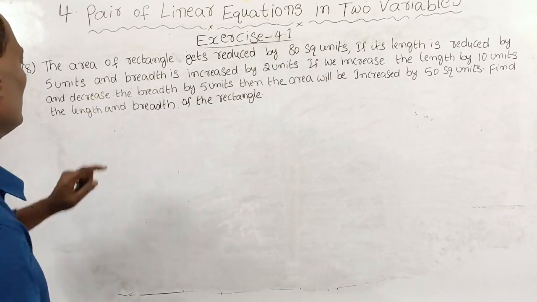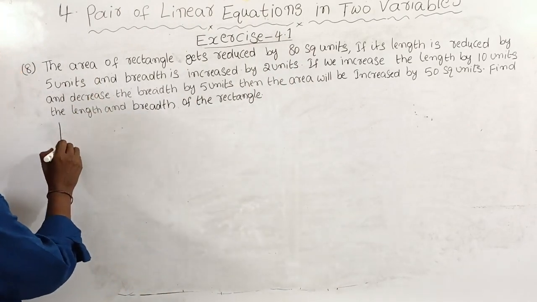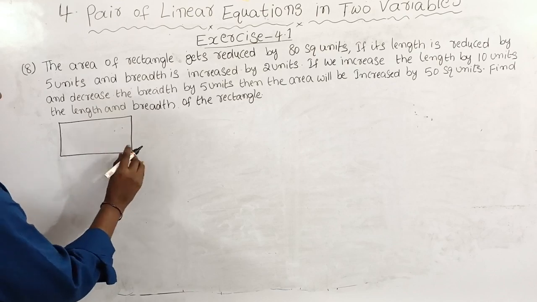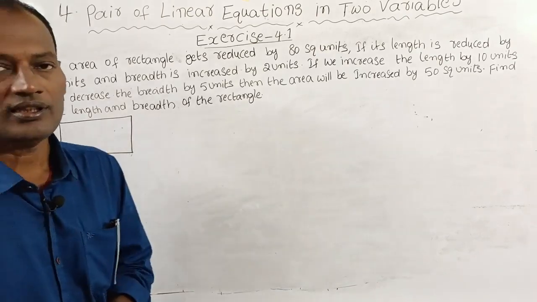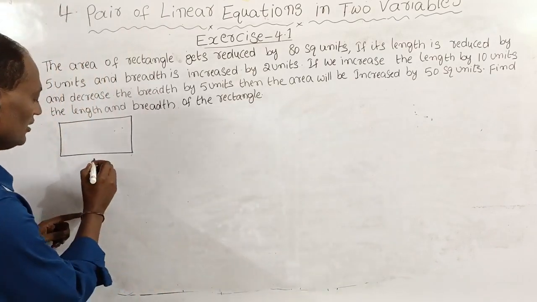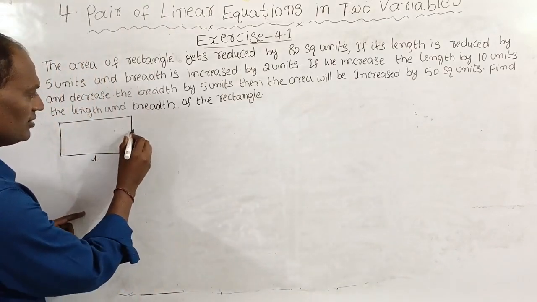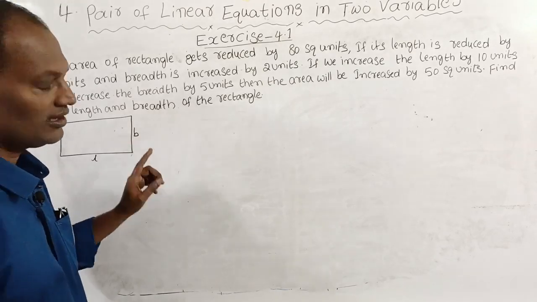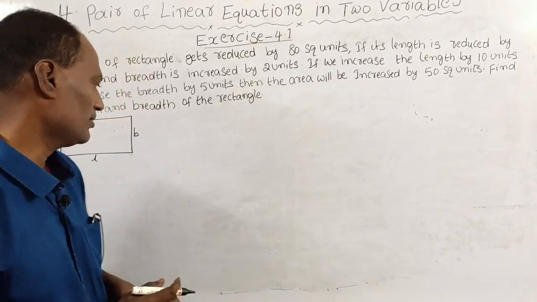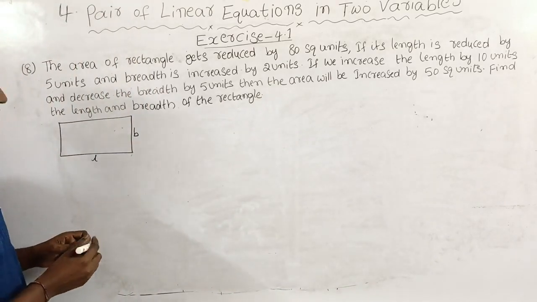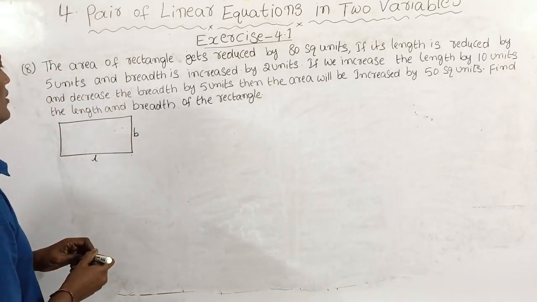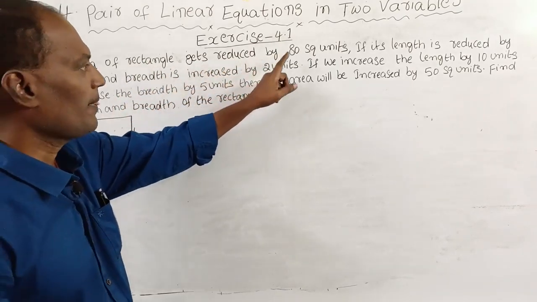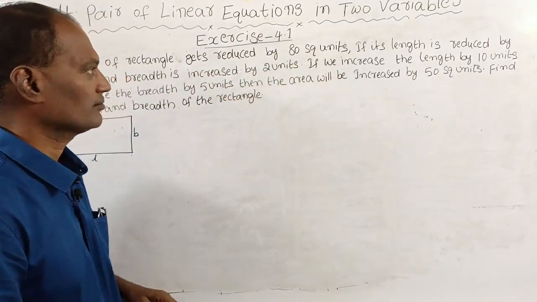See here, the rectangle. We know this is the rectangle, this is the length, this is the width, this is the length, this is the width. Breadth or width, we can call it two ways. See here, the area of the rectangle gets reduced by 80 square units.